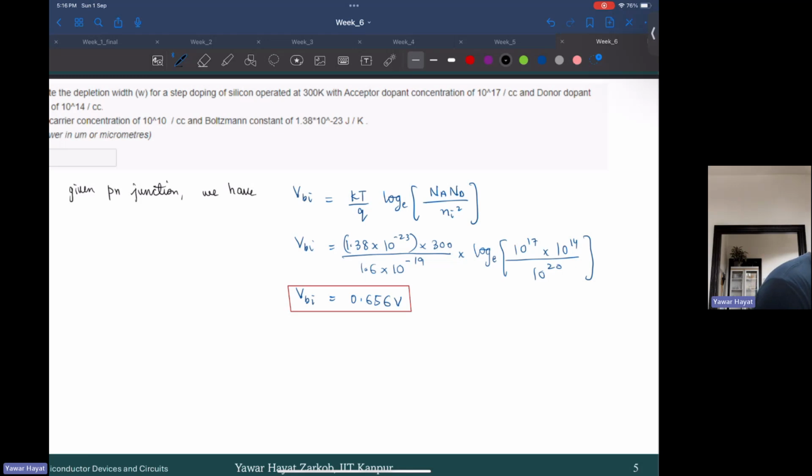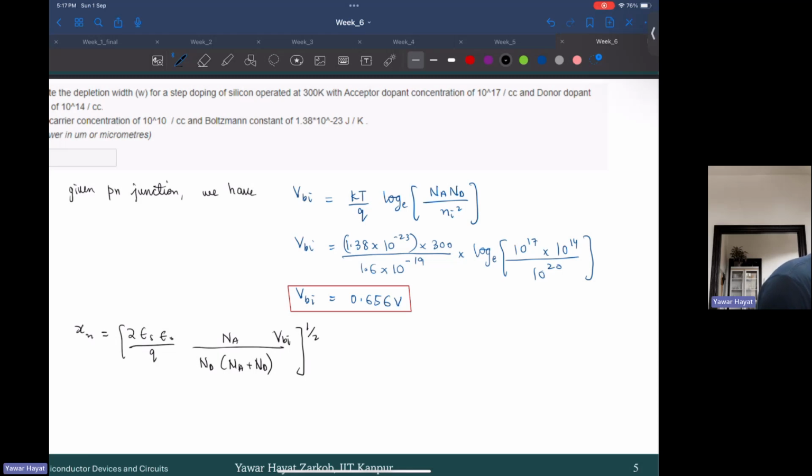Now your Xn is given by 2 epsilon s epsilon naught by q, times Na over Nd times 1 over Na plus Nd, times VBI, raised to the power 1 by 2.